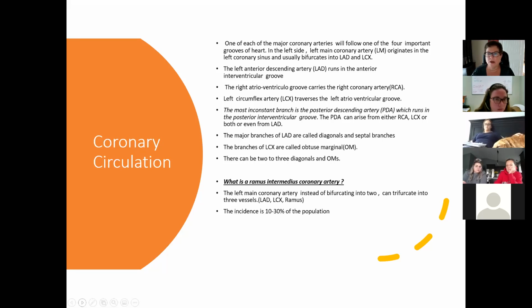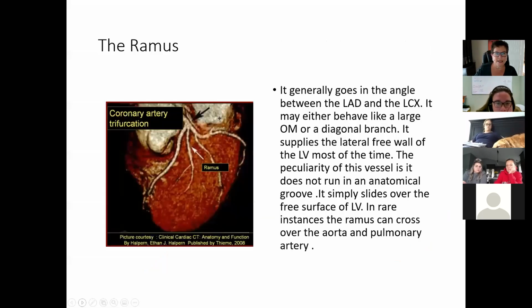You diagnose it on angiogram, and between 10 to 30% of the population have this trifurcation. It's kind of interesting to see it on angiogram. So this is, and I don't work in a cath lab, but I'm assuming more of a caudal view looking down. And you can see your left main here, your LAD, your ramus, and your circ coming around.